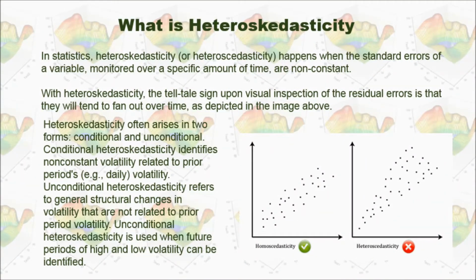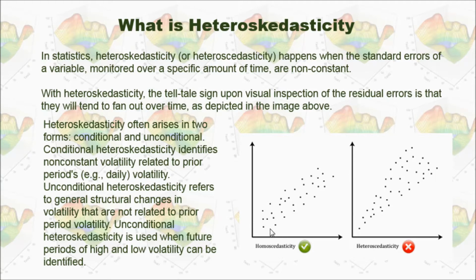First, let's review what heteroskedasticity is. When you build your model, you have your independent variable and your dependent variable. And of course, with real sample data, you will have standard errors of those variables.